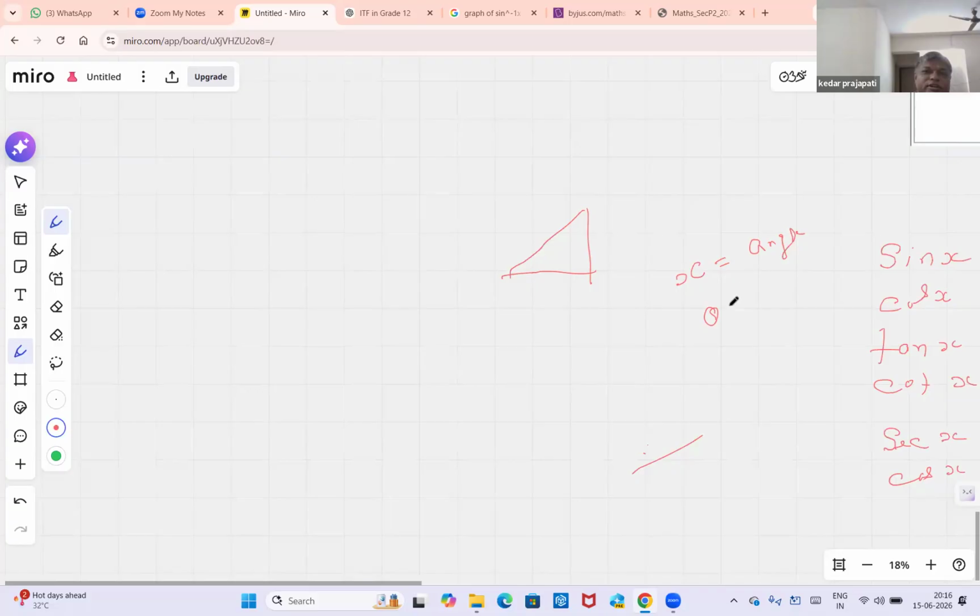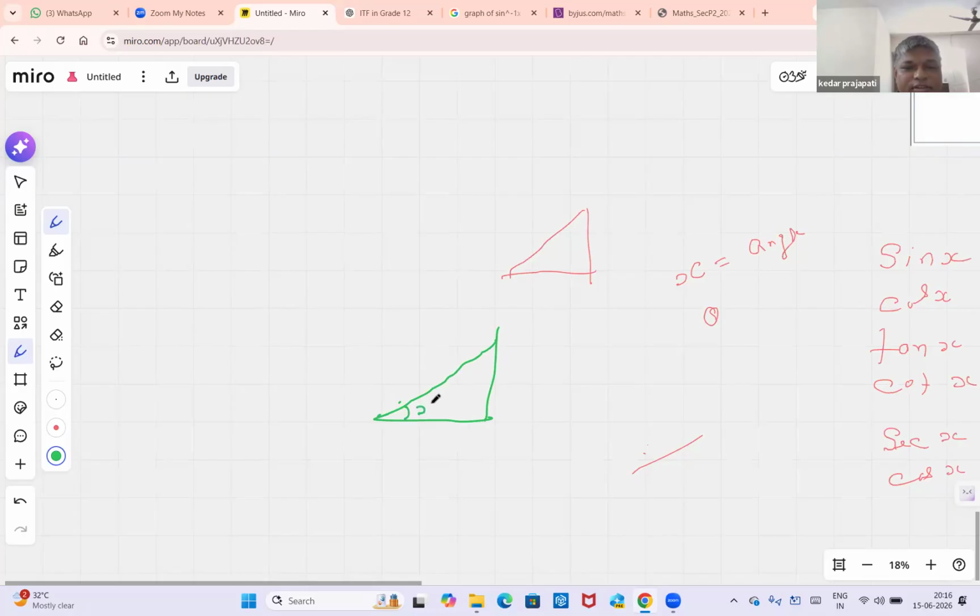Suppose this is our triangle, right? Give me a minute. Not sure what is happening. Okay. So suppose this is your triangle, and this is your angle.